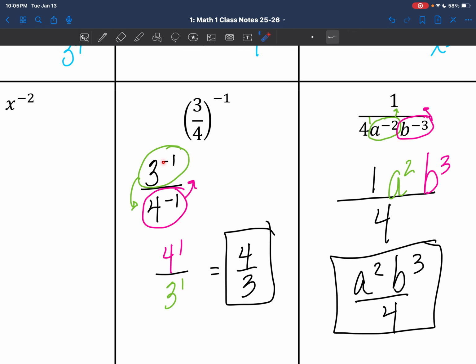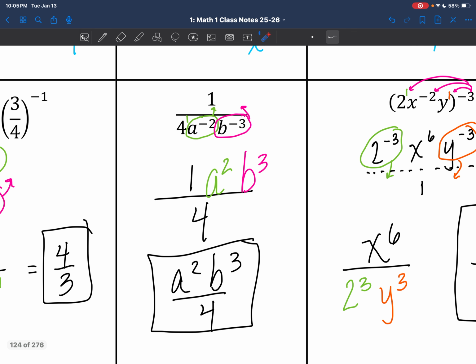So now both of these are to the negative first power, so now we can start moving them. If it's in the numerator, move it to the denominator. If it's in the denominator, move it up to the numerator. So now we have positive 1 for your exponent since we flipped both of them, which is 4/3. So remember, change the sign of the exponent only.